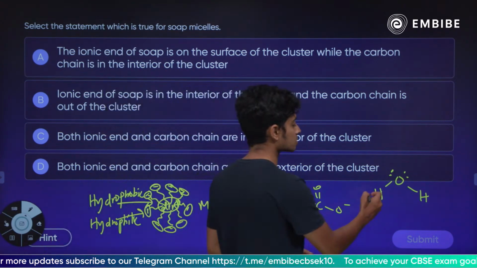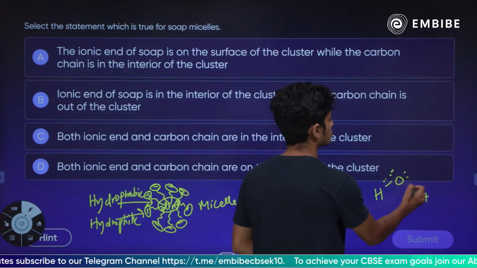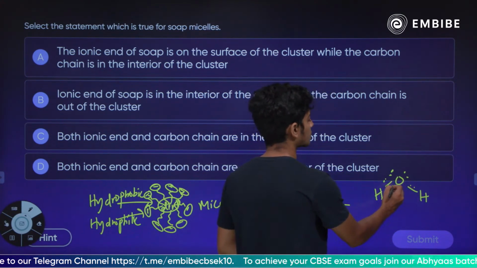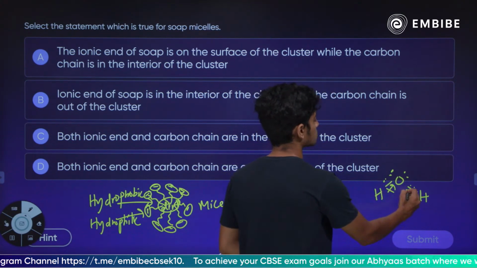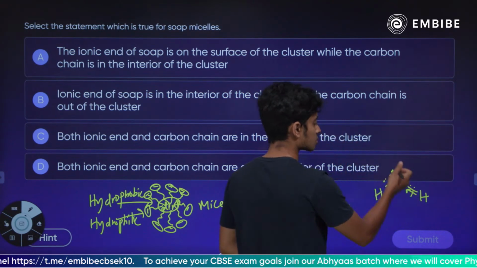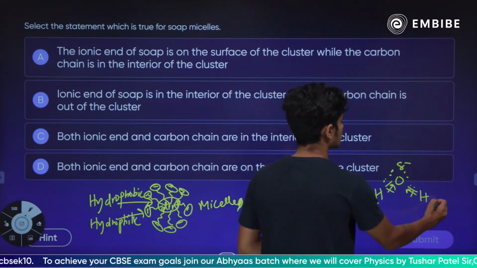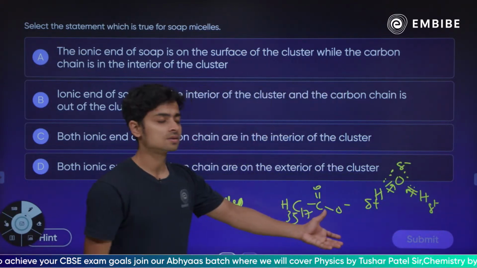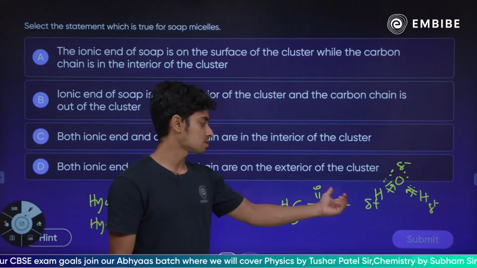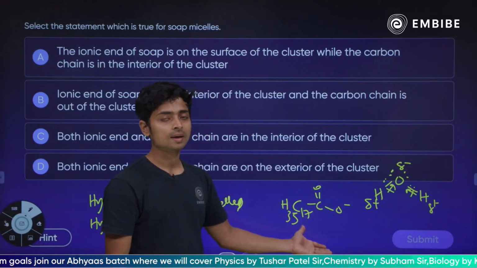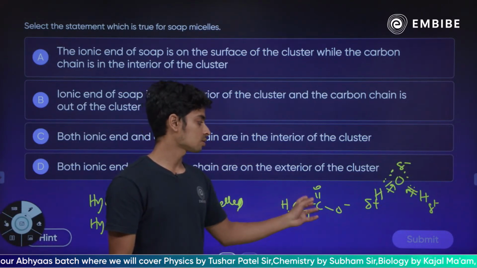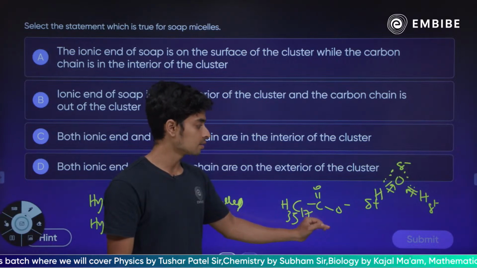Between oxygen and hydrogen there is a shared pair of electrons, and both electrons are attracted towards oxygen. So oxygen develops a partial negative charge and hydrogen develops a partial positive charge. Because of these partial charges, and the charge on your soap molecule, you get attraction of the hydrophilic end towards water.